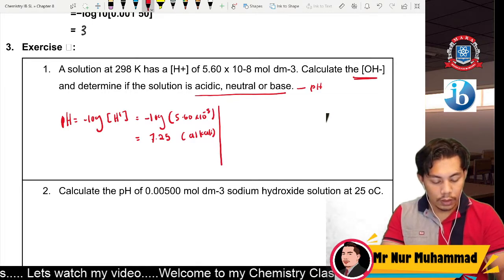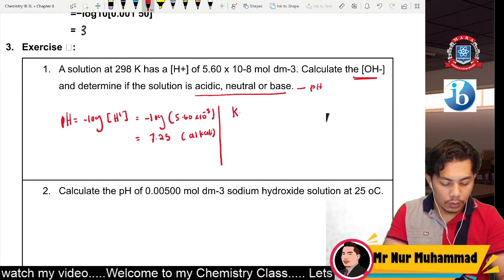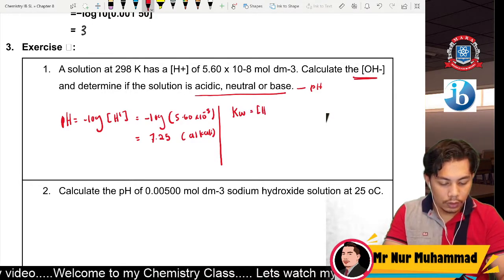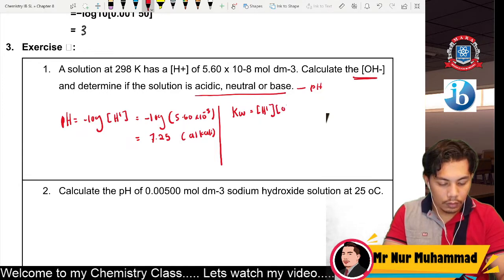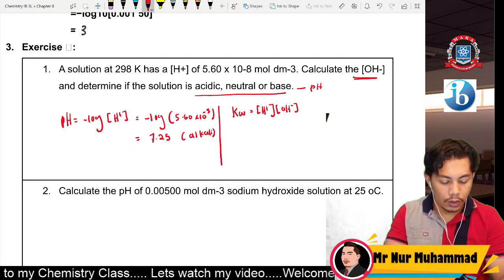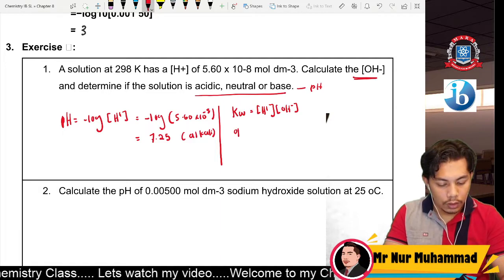Next, by using the formula of ionic product constant, we can calculate the concentration of hydroxide ion.